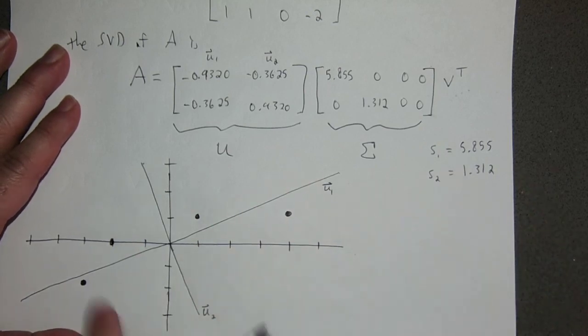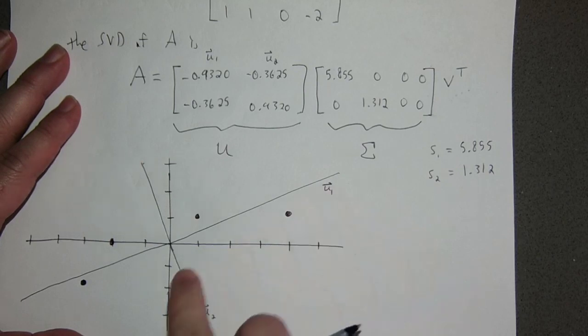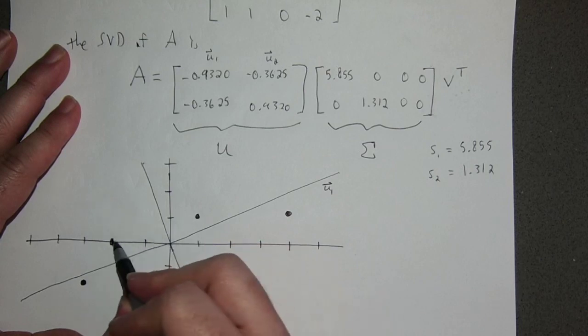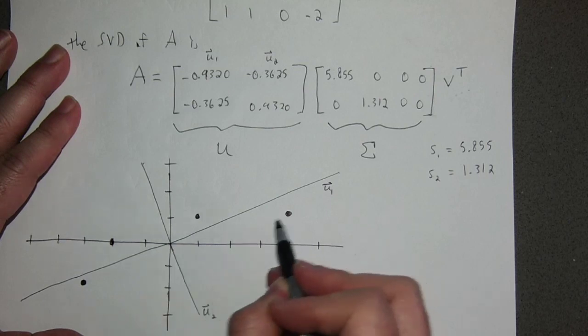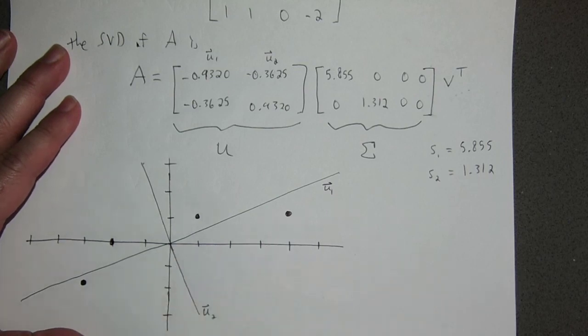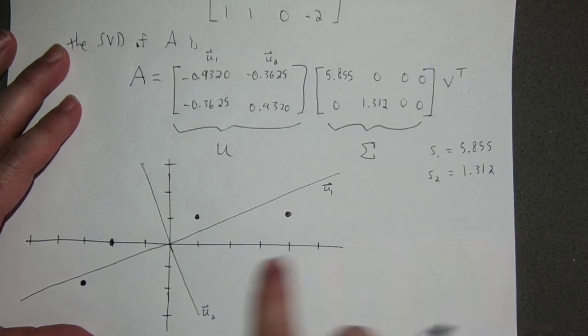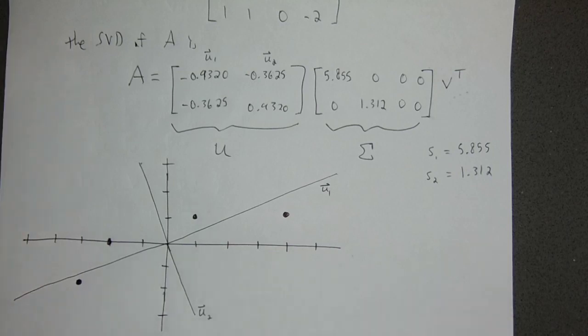But if I took these same points and instead projected them onto u sub 2, what would happen here? So that one goes here, this one goes here, this one goes here, this one goes here. They're all bunched up, right? Certainly they're a lot closer than they would be on the u sub 1 line. Okay, so that's the idea.